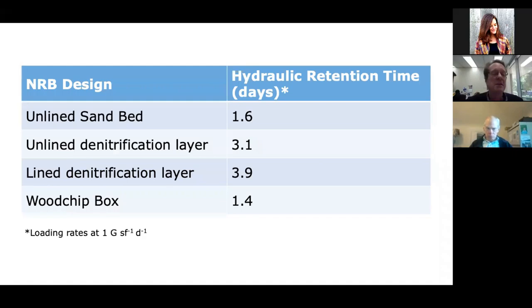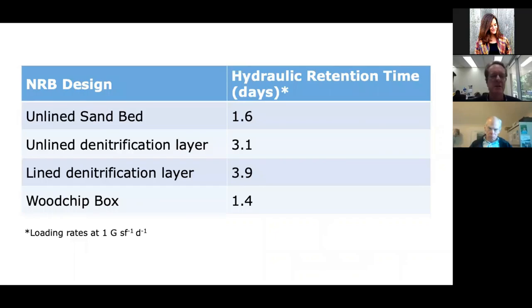That's a little bit less than in the theoretical calculation that we did for the lined system. But those numbers are fairly close considering the error involved in this experiment and trying to capture the percolate in a pan lysimeter. So they're pretty close.